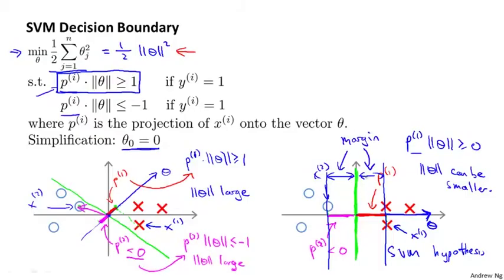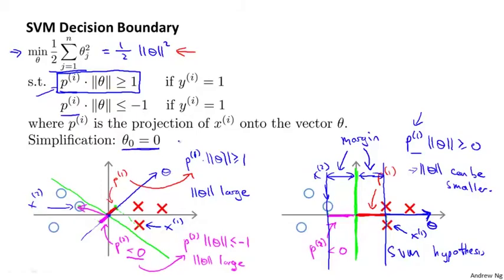The magnitude of this margin is exactly the values of p1, p2, p3, and so on. By making the margin large, or by making these terms p1, p2, p3, and so on large, the SVM can end up with a smaller value for the norm of theta, which is what it's trying to do in the objective. And this is why the support vector machine ends up as a large margin classifier, because it's trying to maximize the norm of these pi's, which is the distance from the training examples to your decision boundary.